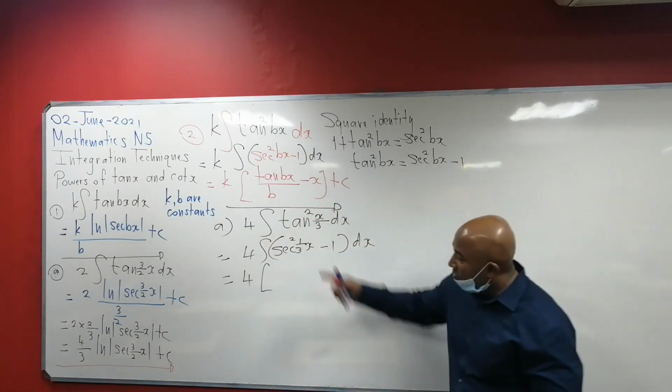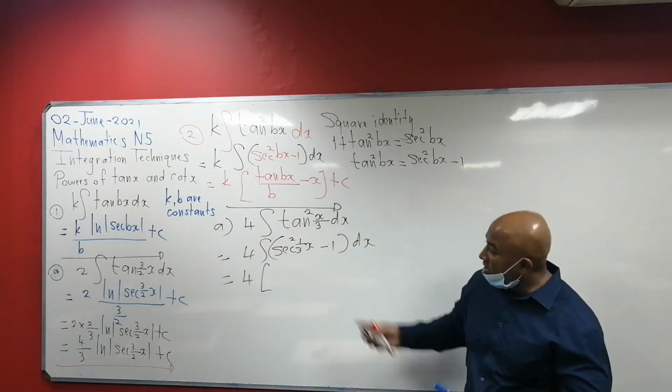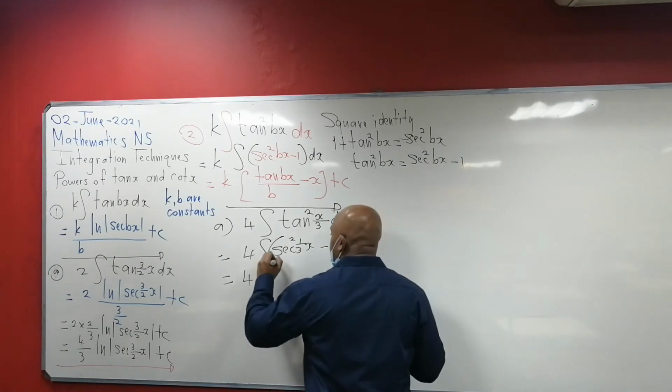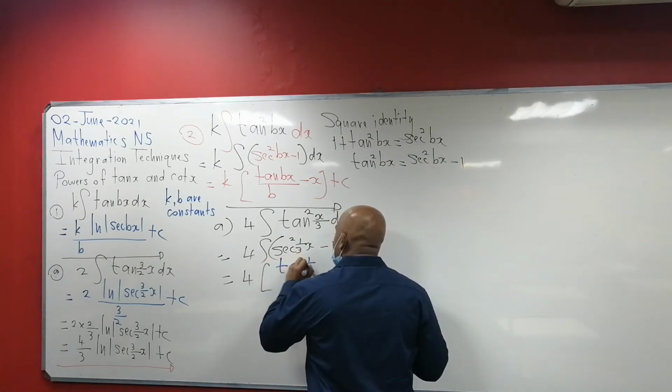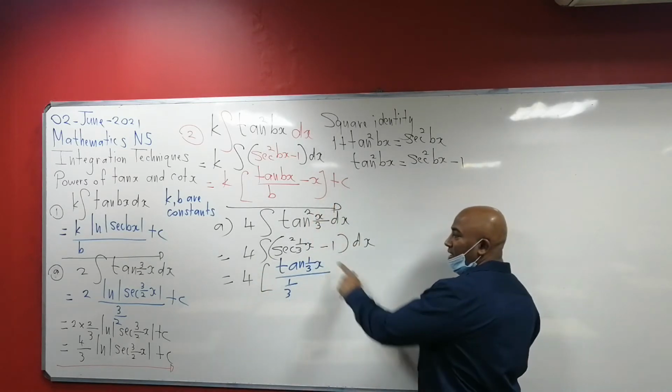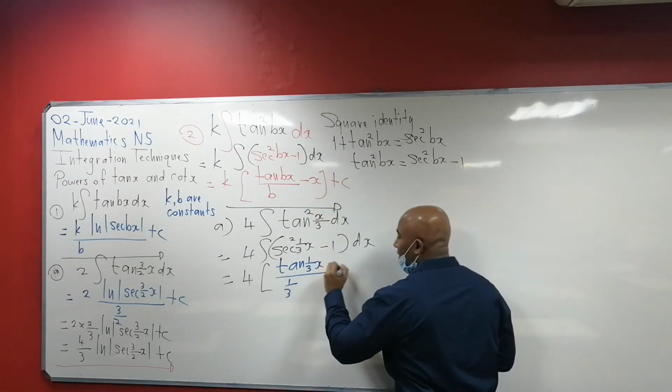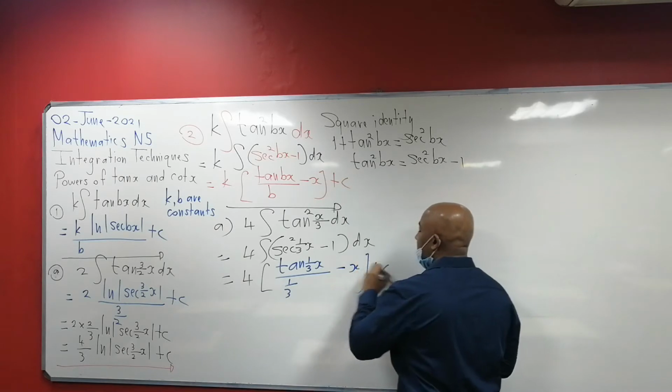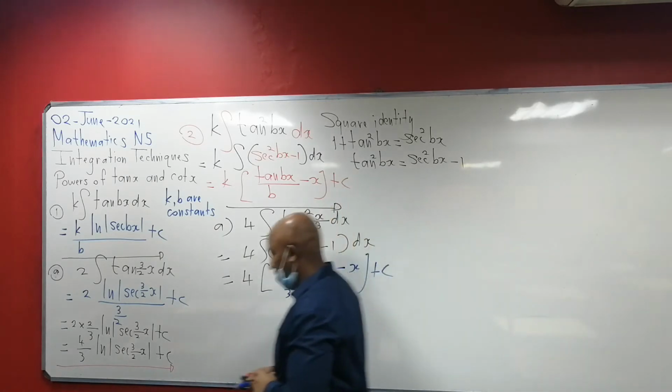Now, I've got my sec squared, so I know when I integrate sec squared, it will be tan 1 over 3x, all divided by 1 over 3. Integrate minus 1, that will be minus x plus c, and we're done.